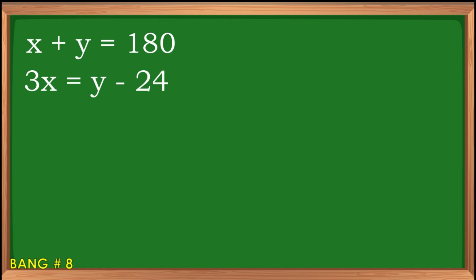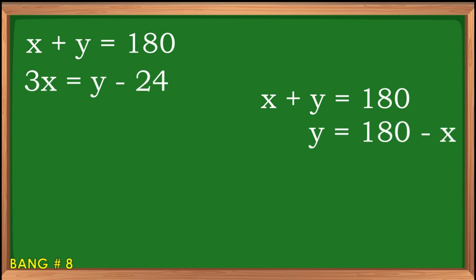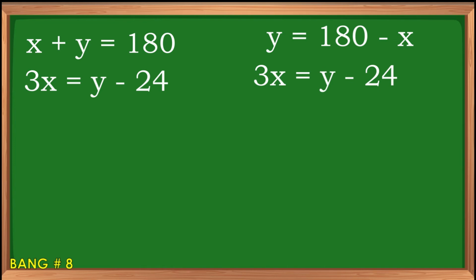Now, let us solve for y in terms of x in equation 1. We got y is equal to 180 minus x. After this, let us substitute 180 minus x for y in equation 2. 3x is equal to 180 minus x minus 24.